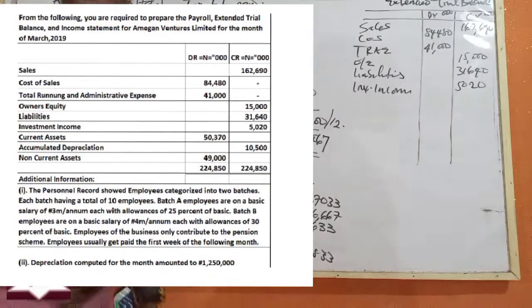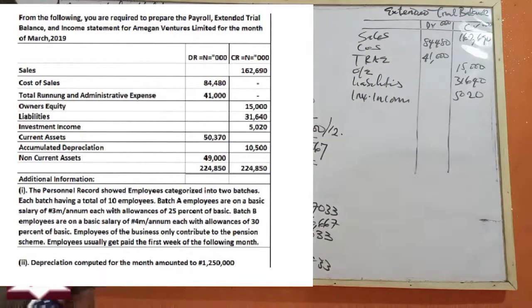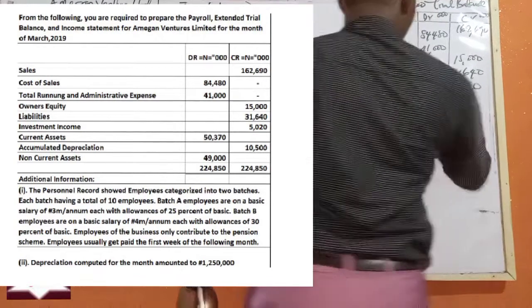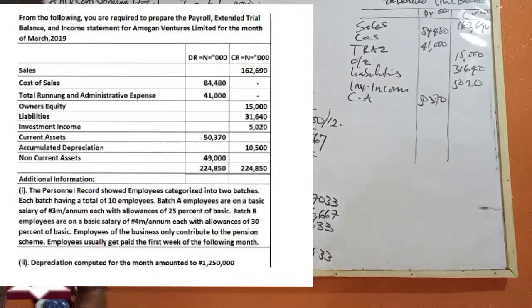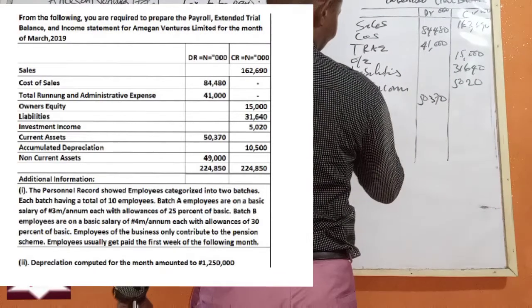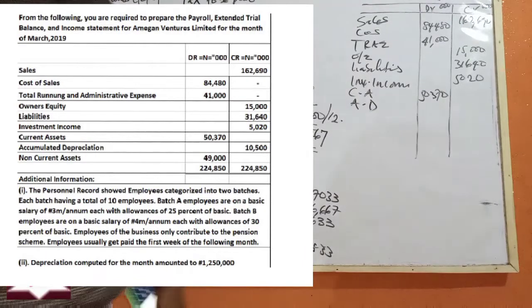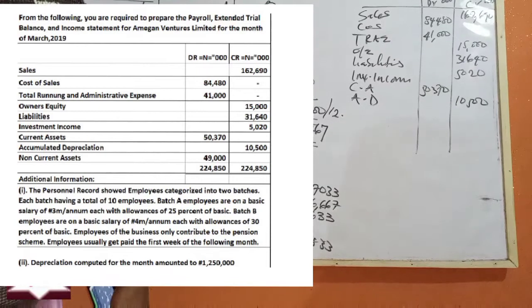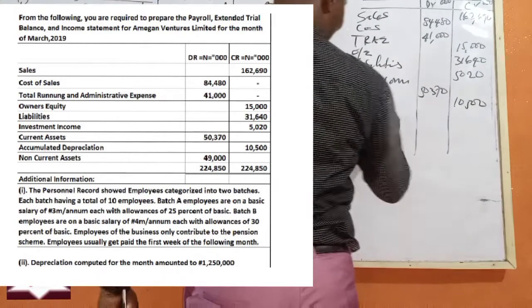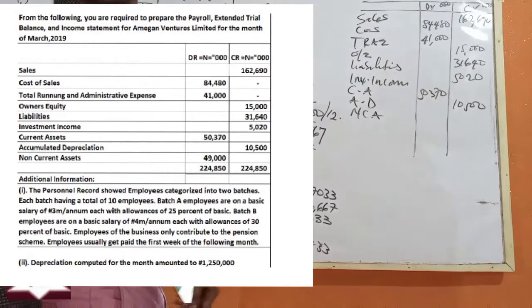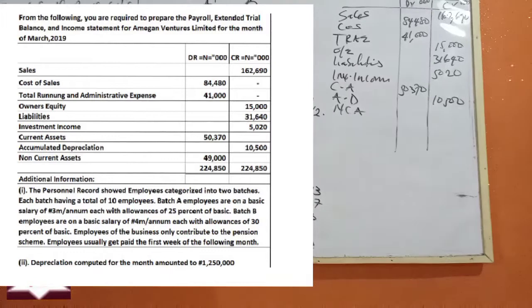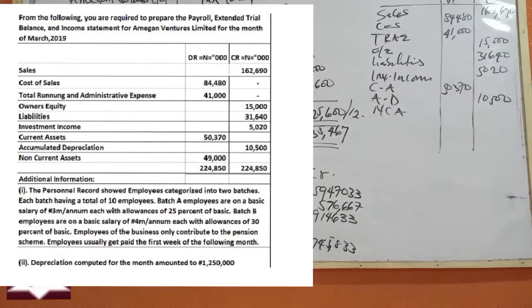Next, current assets, 5370. Next, accumulated depreciation, 10500. Non-current assets, all right, we have 49 million.